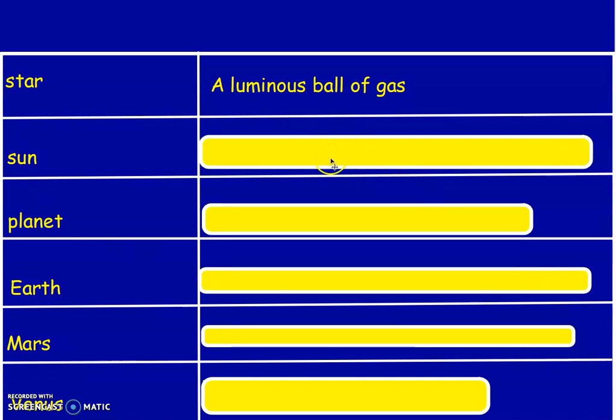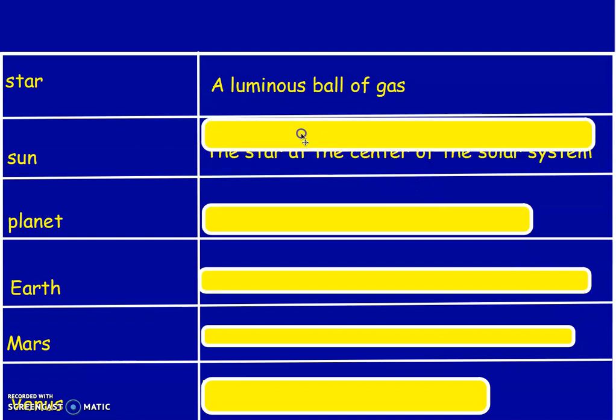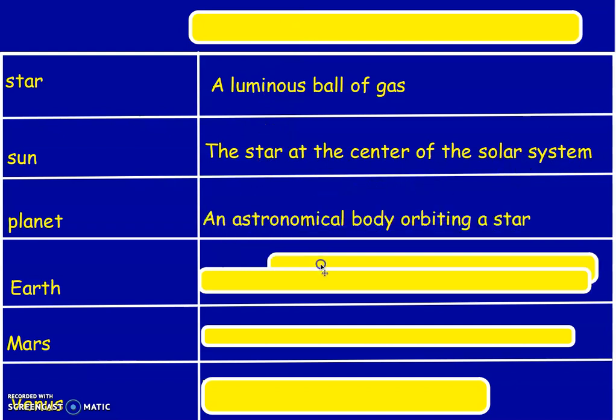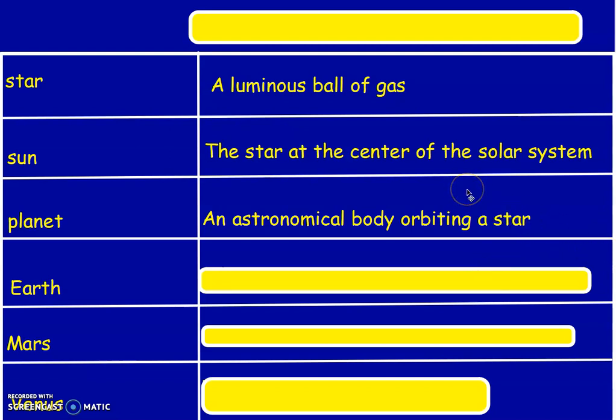Right, here's your first definition. Sun, the star at the centre of our solar system. Planet, a spherical body orbiting a star. So the Sun is our star, Earth is a planet, and that orbits around, doesn't it?